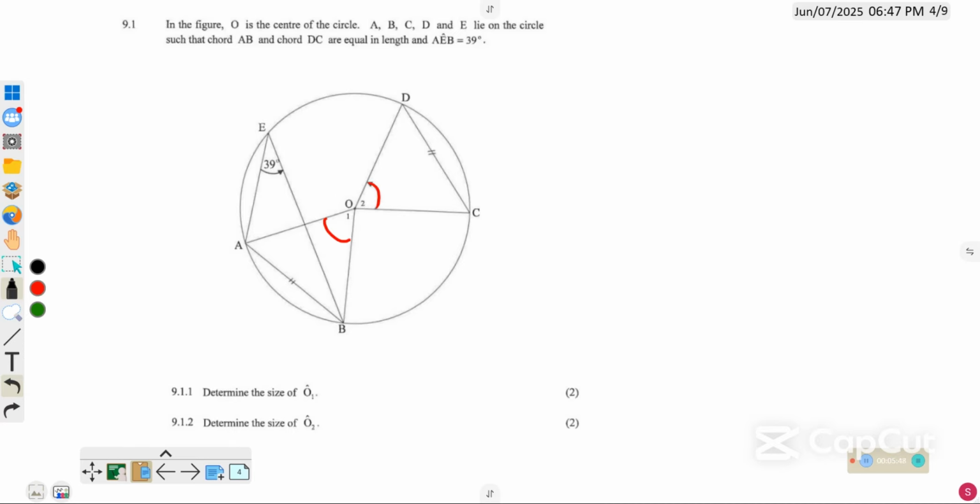So first find angle O1. If you trace back on O1, you will see that O1 was subtended by that chord AB at the center. Right, O1, which is the central angle, but the very same chord subtends another angle at the circumference.